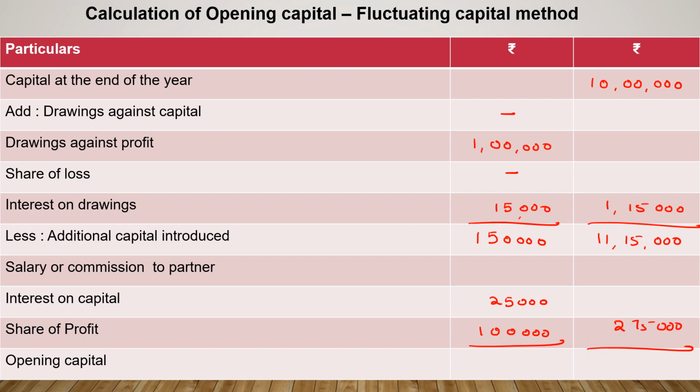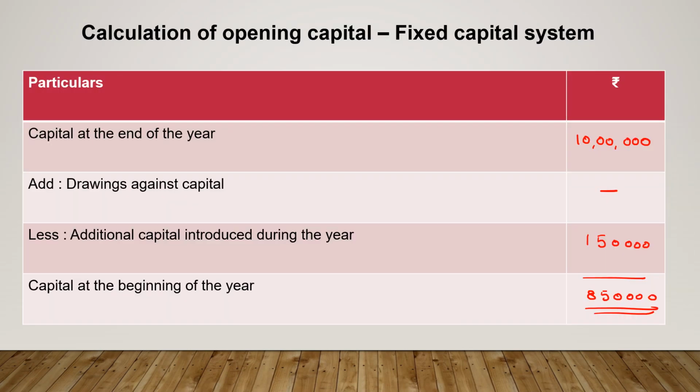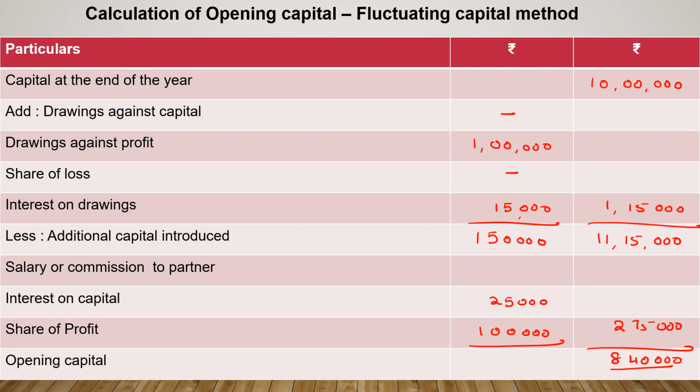It is 11,15,000 minus 2,75,000. So that gives us 8,40,000. So this is the amount of opening capital. If you see, under the statement method in fluctuating capital and under the partner's capital account, we get the same amount of opening capital. So this is how you compute the opening capital.